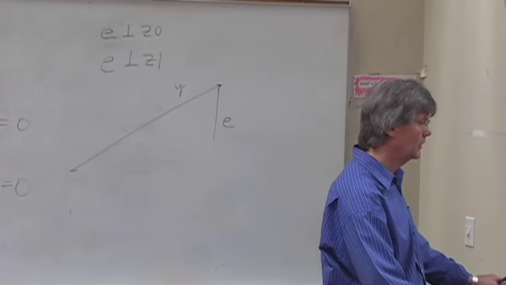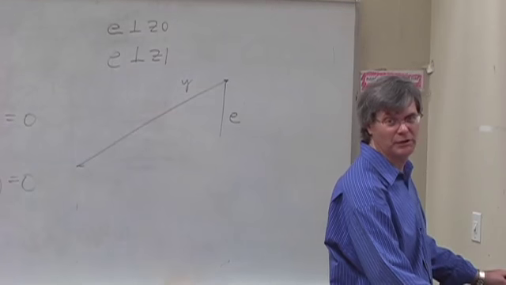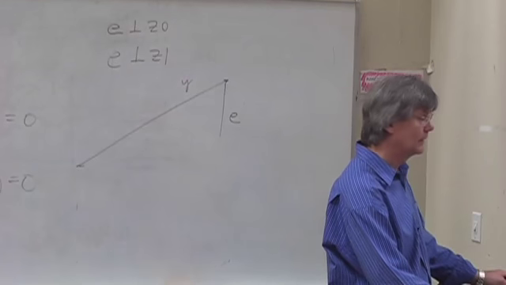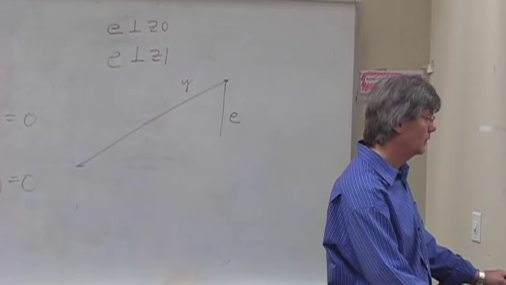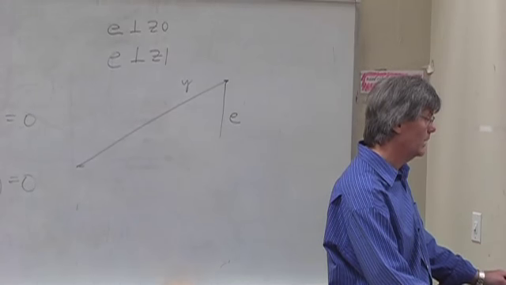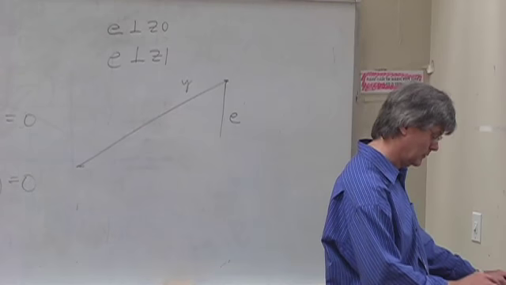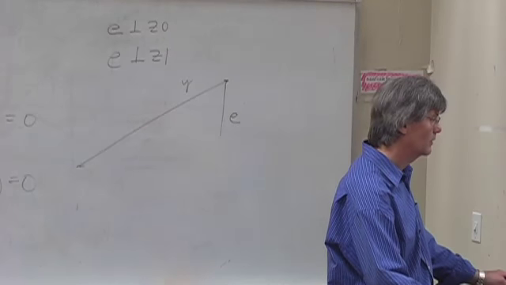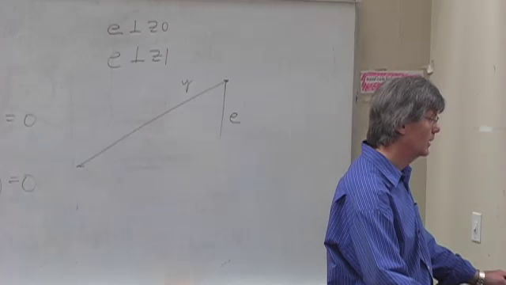If it was perpendicular to Z0 and Z1, it should also be perpendicular to the fit, right? So if I put in, instead of J107, the N107 to N118.